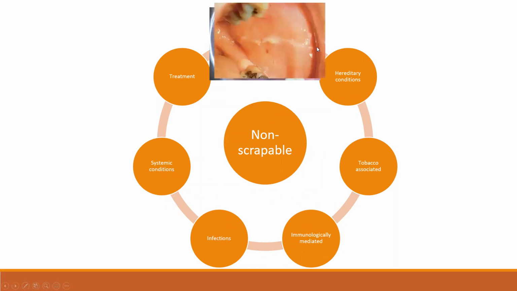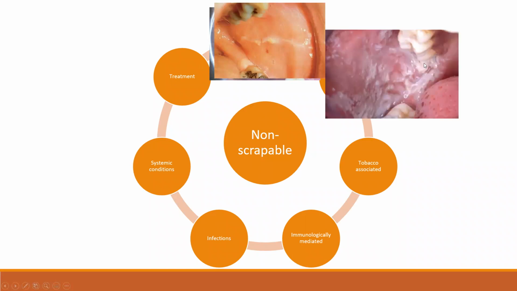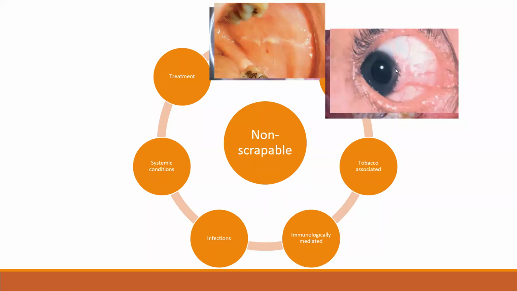Next is linea alba, which can be seen in the occlusal areas where the upper and lower teeth meet, exactly opposite the occlusal plane. The hereditary condition is white spongy nevus, which can be seen right at birth or in the initial days of development. Next is hereditary intraepithelial dyskeratosis, which is benign.